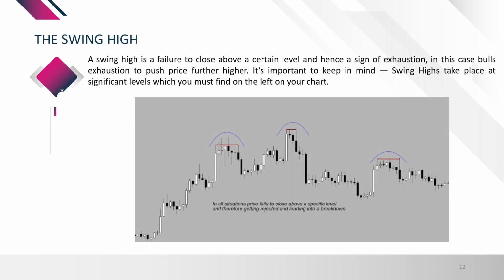In all situations, price fails to close above a specific level and therefore gets rejected, leading to a breakdown. You can see here we had price form the first swing high, then it broke above, formed another swing high, and then it couldn't continue to the upside and formed another swing high.